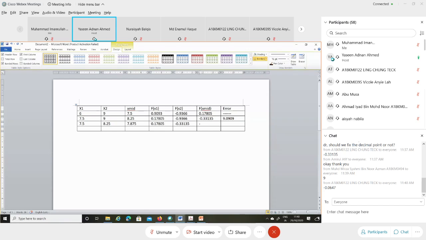Okay, 0.0647. This one will be the new one, 7.875 minus which one? 8.25 divided by 7.75.